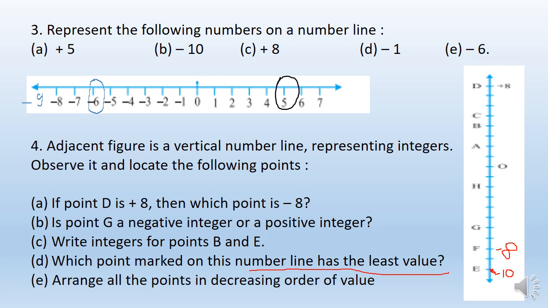Now arrange all the points in decreasing order of value. So how can we arrange them in decreasing order? Decreasing order means smaller to bigger or bigger to smaller? Bigger to smaller. So as +8 is bigger, then here +7. Likewise you have to write all the points.